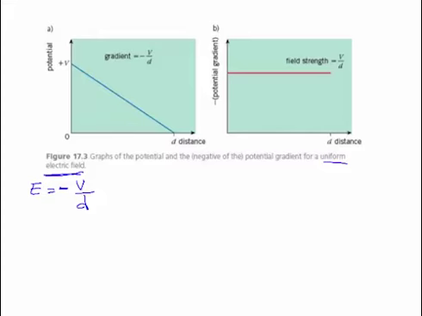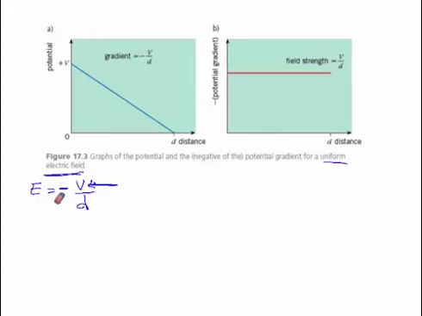But we were not considering the minus sign because we want only the magnitude of E. And it should be very clear here that potential is a scalar quantity, but E is a vector from positive to negative.